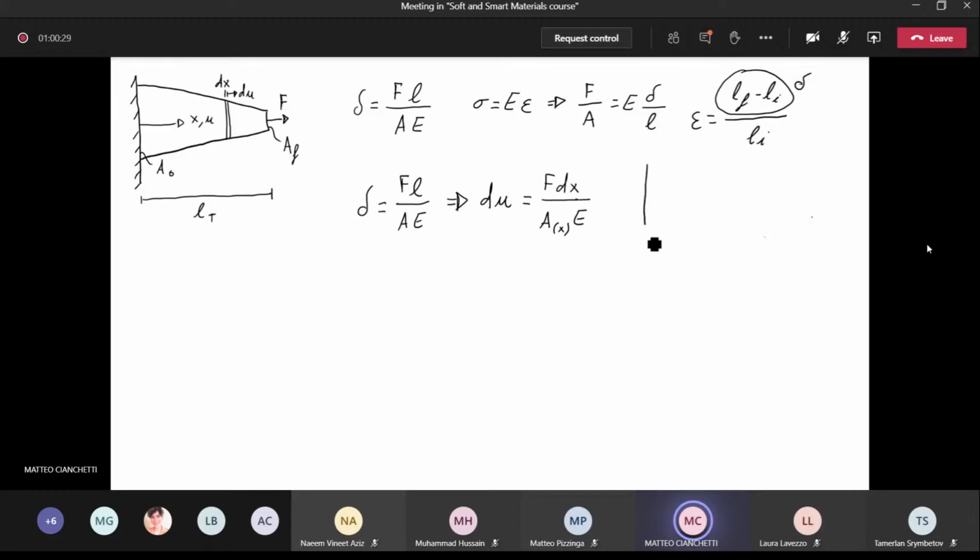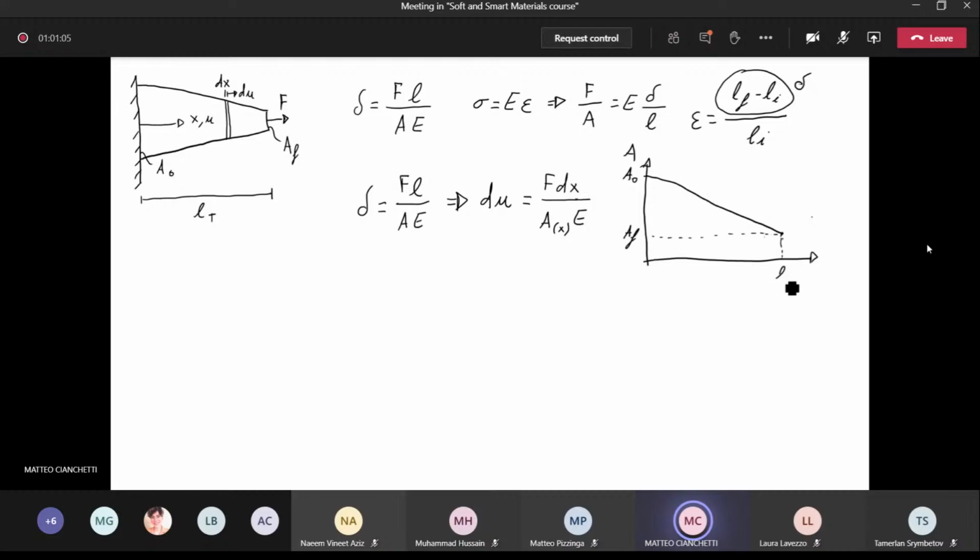If you want to visualize it differently, it may be more useful. You have that the area is starting from A0, and it should be a line, and AF.